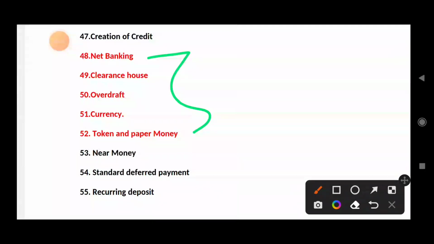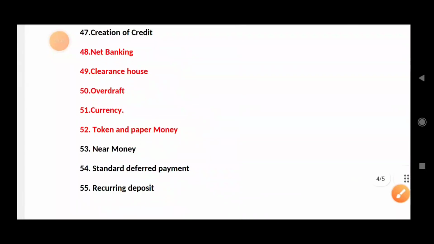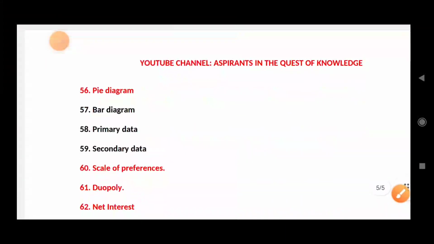These all are. Net banking, clearing house, overdraft, currency, token and paper money, near money, standard of deferred payment, recurring deposits, types of deposits.